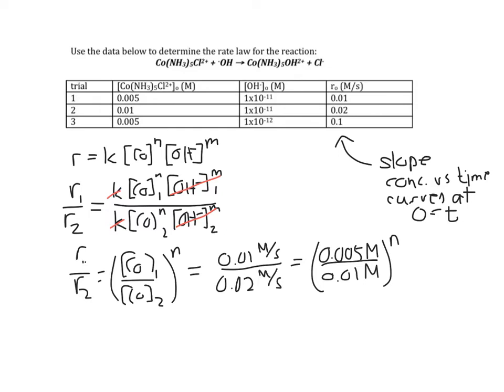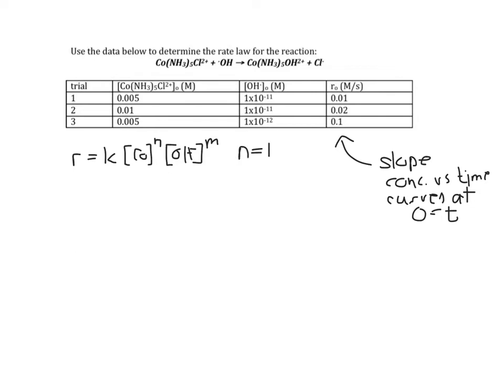So if I just calculate this out, this is 1/2, and it's equal to 1/2 raised to the nth. And so I can see right away that n has to equal 1, because 1/2 is only equal to 1/2 raised to the nth if I raise it to the first power, if I don't change the value of 1/2. So that tells me that the order with respect to the cobalt complex is equal to 1.